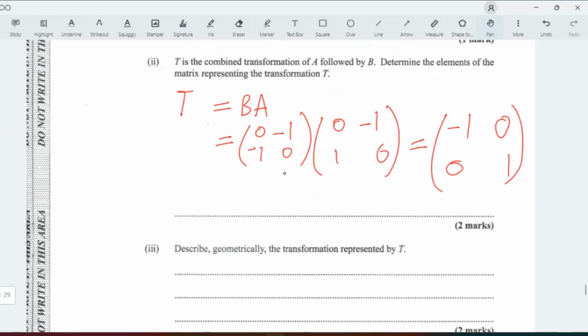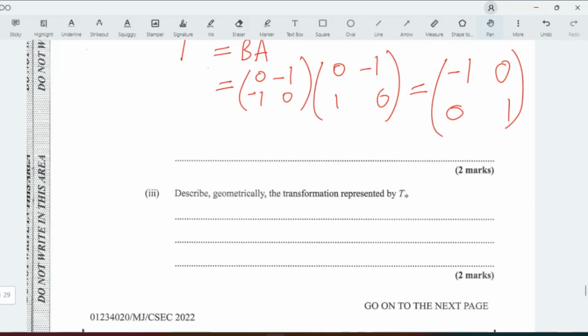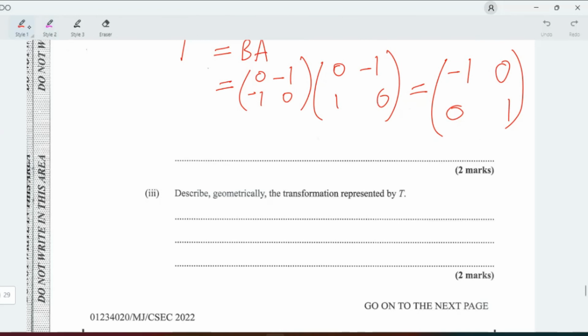Now describe fully the transformation T. Now I don't know what this is off my head, but what I can do is make up something. Let's say I have a point Q somewhere, 5, 3. Q is 5, 3, undergo minus 1, 0, 0, 1. What happened?